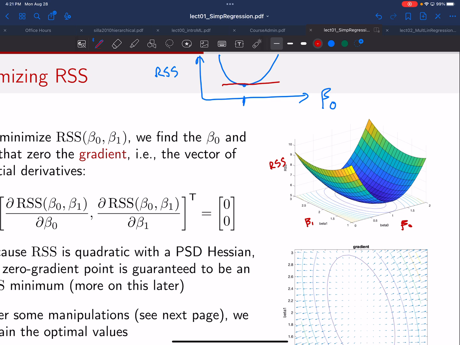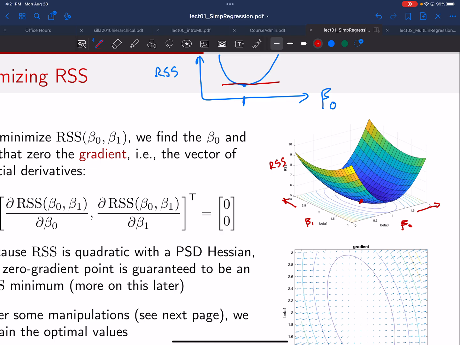The minimum is a little bit hidden here, but at that minimum, whichever direction you look in, if you compute the slope in a particular direction, you will notice that the slope is exactly 0. If you say, what is the slope in the beta 0 direction, that will be 0 at the minimum. And the slope in the beta 1 direction will also be 0. So essentially, we just want to set both of those slopes to 0. That will give us a system of 2 equations and 2 unknowns, right? Beta 0 and beta 1. And we're just going to solve that system. So that's how we're going to do it.